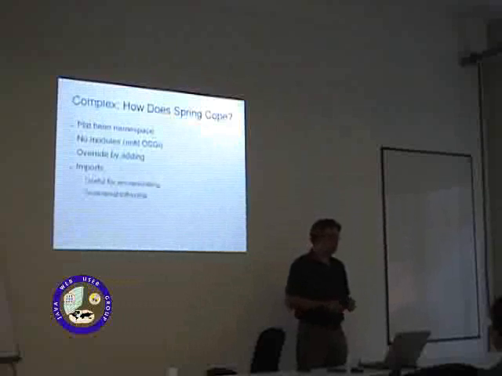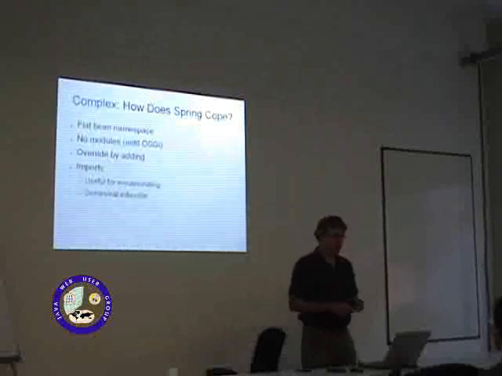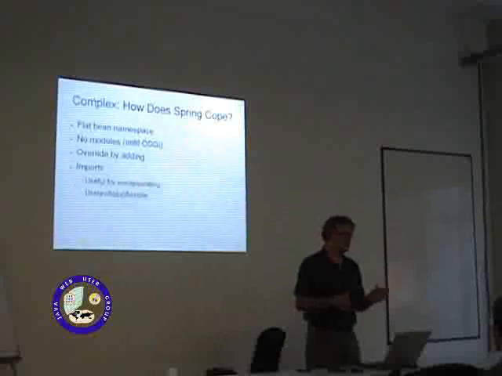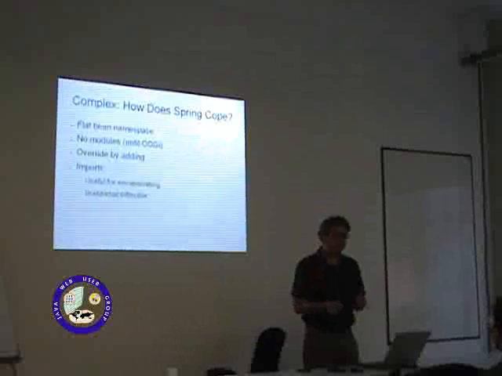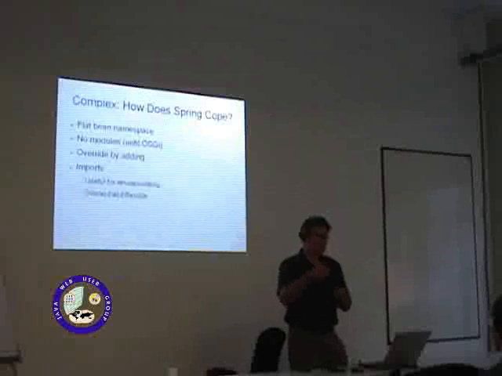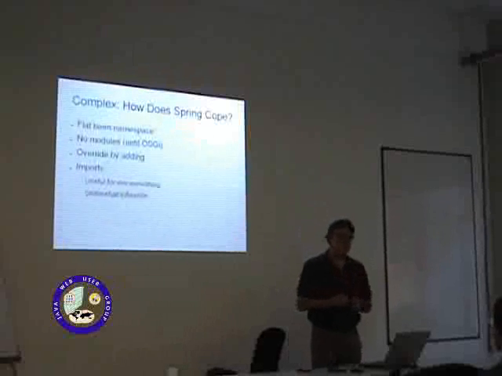Overriding is something we have to do all the time. We have a particular configuration that maybe is our default configuration, our default wiring, and we're in a situation where we want to change the way it's applied. So what do we typically do? We add another application context definition file, an XML file, to our application context.